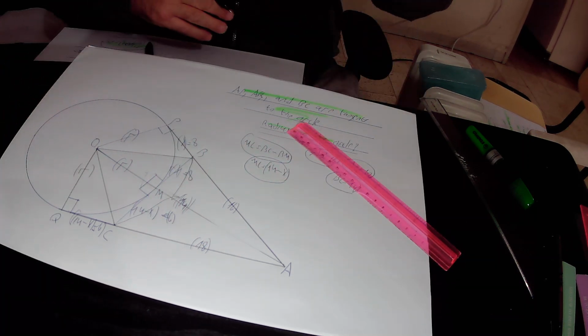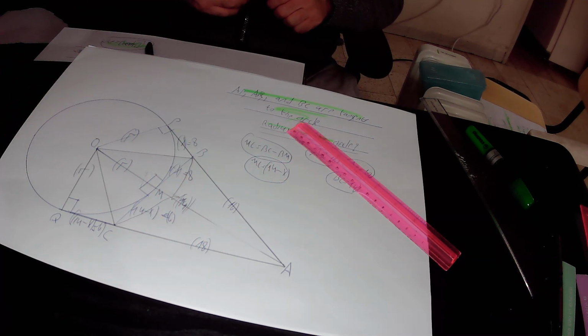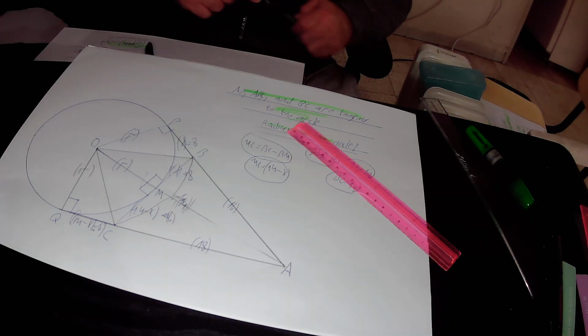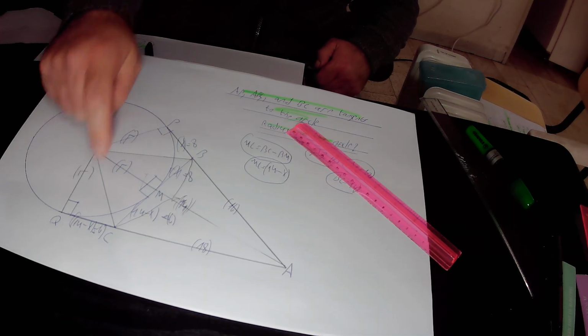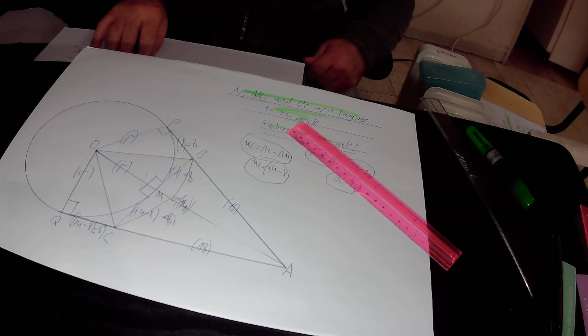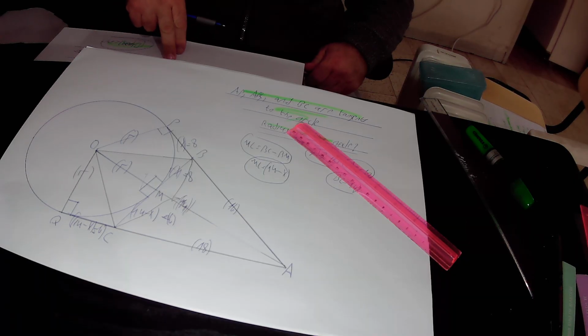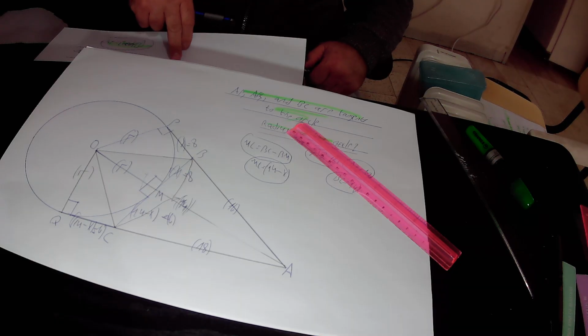By doing those constructions, we get 4 small right triangles. 1, 2, 3, 4. So what is the area of all those 4 right triangles?